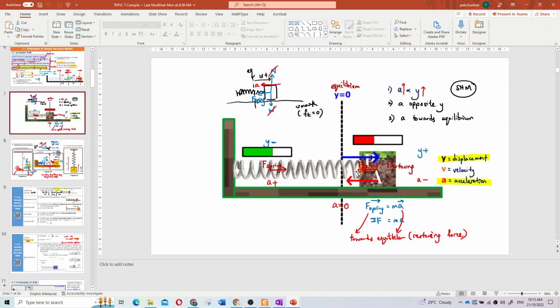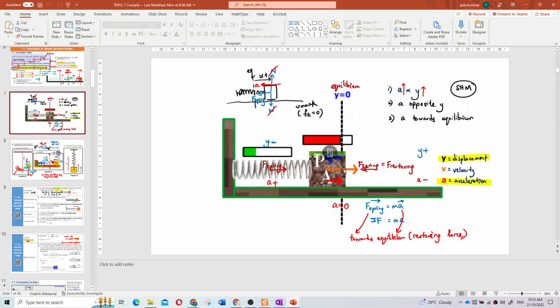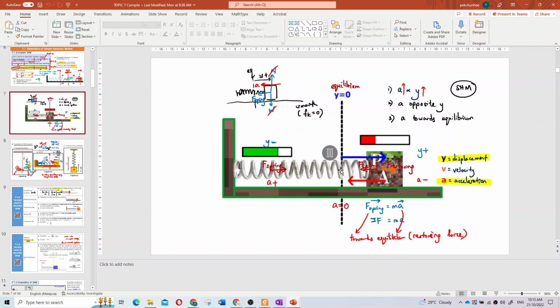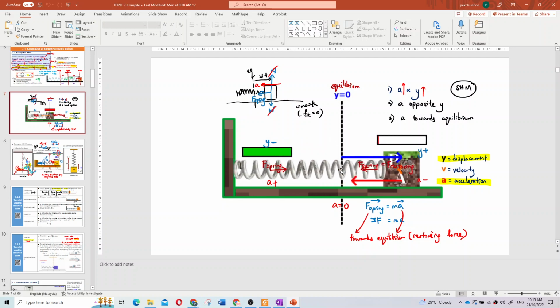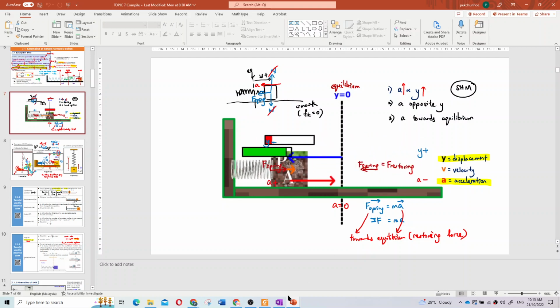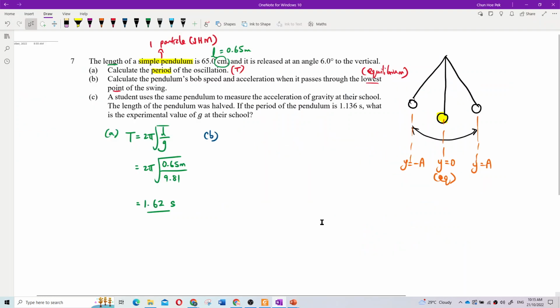Tengok the orange line. The orange line is longest at equilibrium. Correct or not? So V max di mana? Equilibrium. Okay? V max di equilibrium. So di sinilah V max. Di sini V0, betul tak?